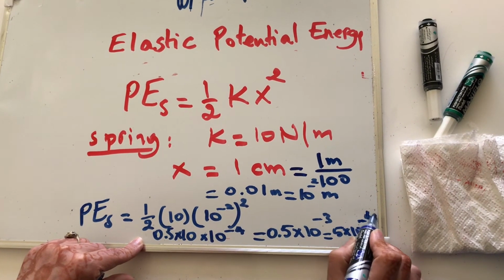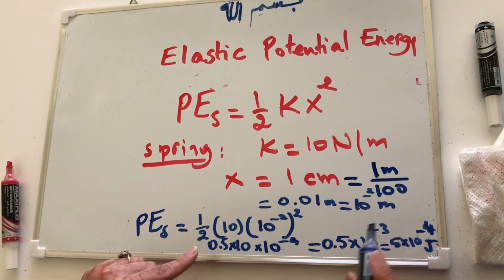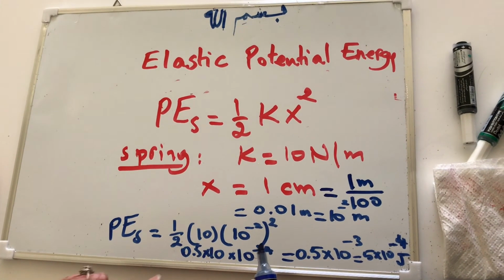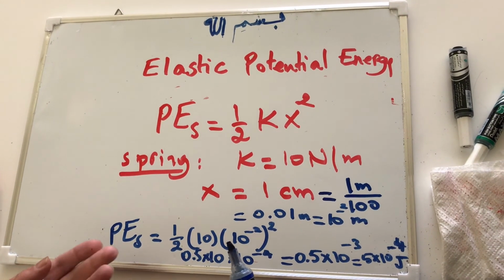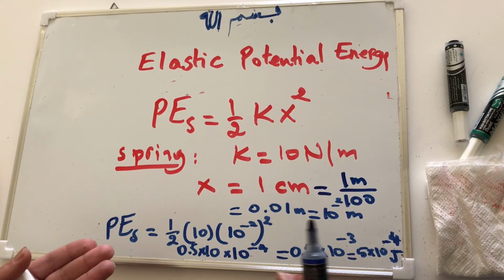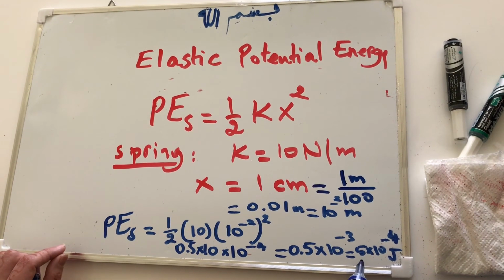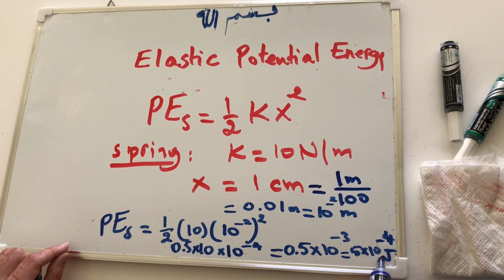See? This energy is 0.0005 joules. It's much less energy than if you, with 60 kilograms as a mass, go up by 1 meter. You would be storing, we said, 600 joules. Compare it to this, it's just 0.0005 joules.